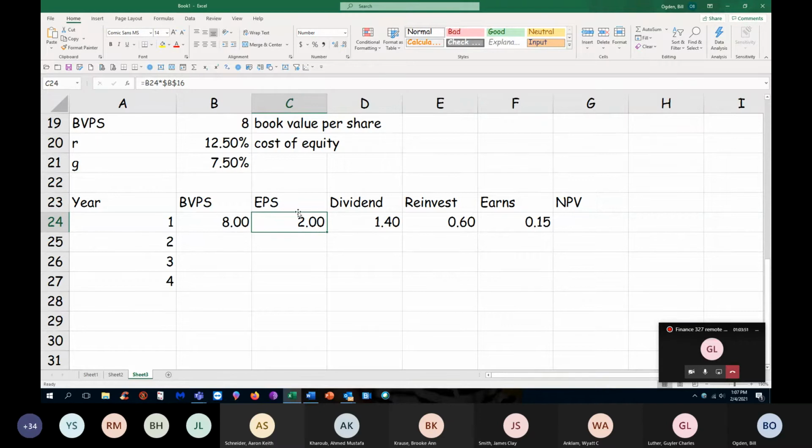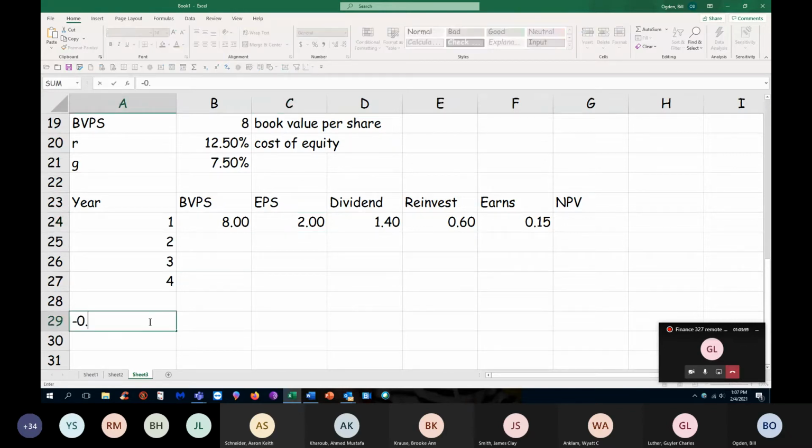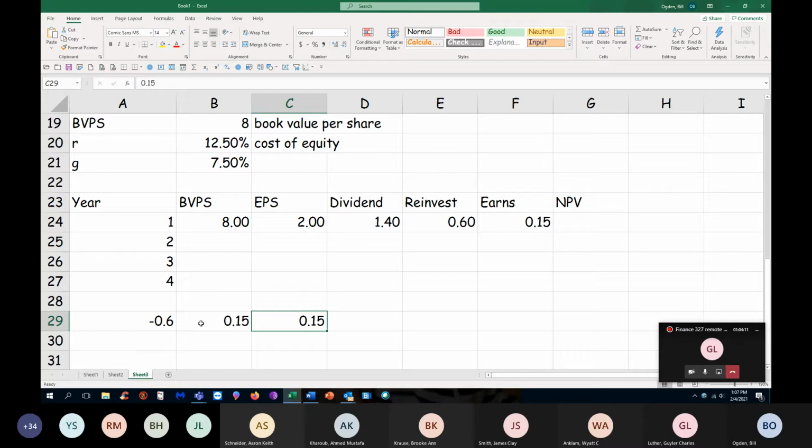But the board of directors paid you 140 of that, reinvested 60. So you basically invested in the company. So you had a cash flow zero of this investment of minus 60. And then every year thereafter, you're going to earn 15 cents in perpetuity, until you pull out that 60 cents.